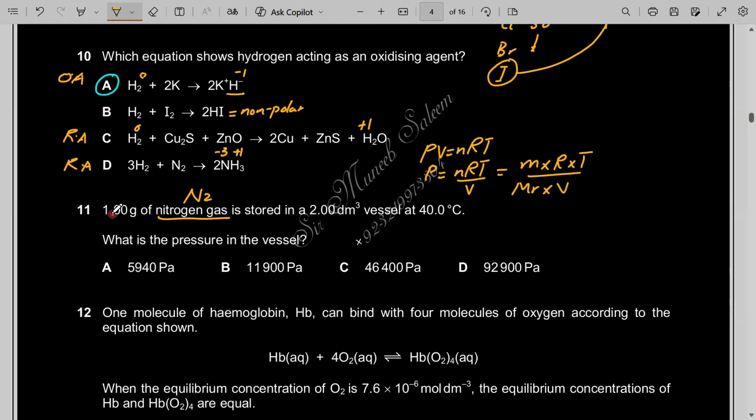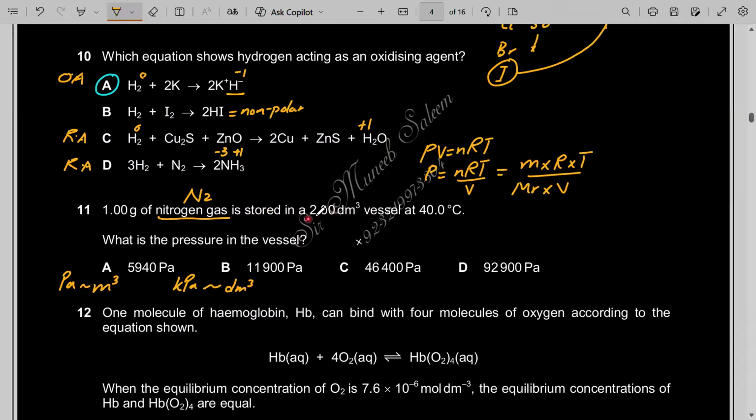Now mass is 1 gram, volume is 2 decimeter cube, but the pressure is in Pascal. We remember the equivalence of volume and pressure. If the pressure is given in Pascal, then the volume must be given in meter cube. This is the equivalence between them. And if the pressure is given in kilopascal, then the volume should be given in decimeter cube.